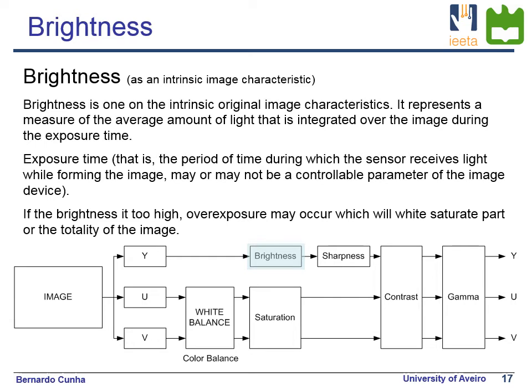So if there is a significant amount of light, that is, if the luminance is high, and you expose the sensor for an exposure time which is long, then the brightness will simply saturate, which means that you'll get out a completely white image in this case.